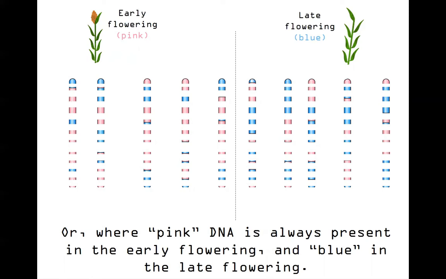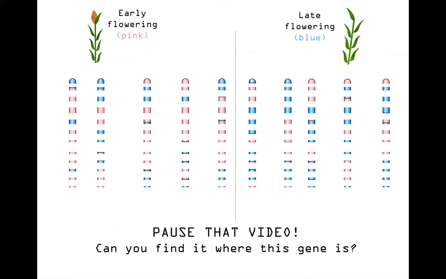And then that same area, we've got to have blue DNA in the late flowering plants. What that means is that whatever gene was causing late flowering, early flowering, the flowering time, if it's always from the blue parent when you see late, always from the pink parent when you see early, what that means is that that gene is in there somewhere. Okay, so take a second, pause that video, and see if you can find where this gene is.